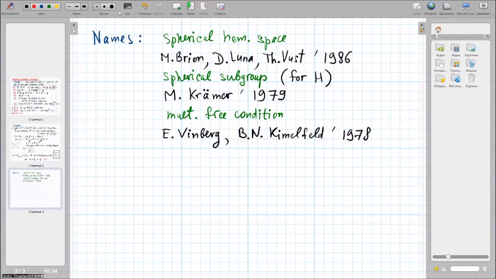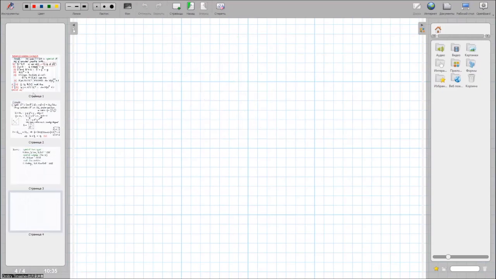And let me give you more examples. So my second example is flag varieties, or better to say generalized flag varieties. A flag variety or generalized flag variety is by definition the quotient space of G modulo a Borel subgroup.